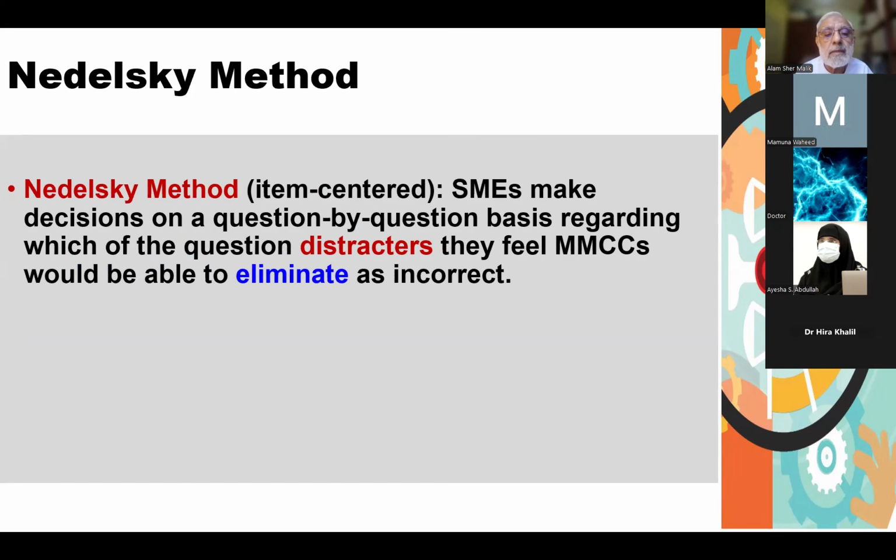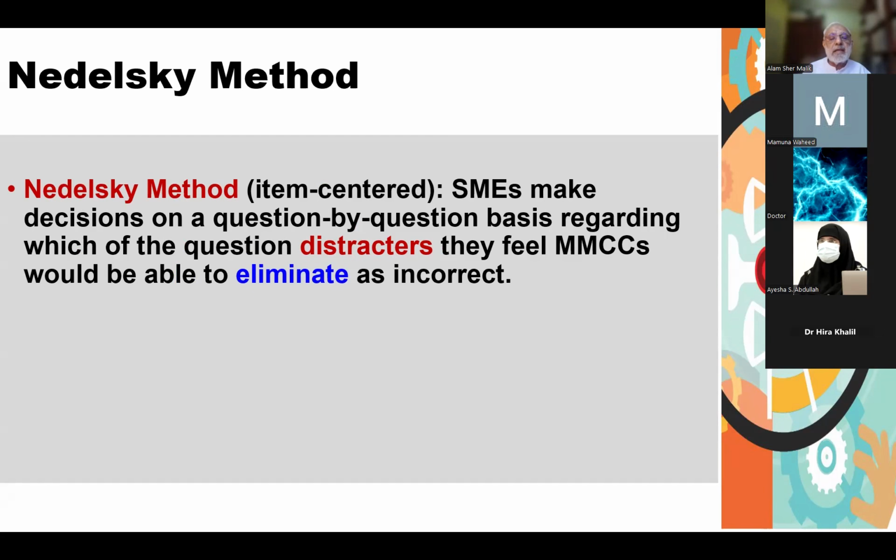Nedelsky's method, which is item centered, the subject matter experts make decisions on a question by question basis regarding which of the question distractors they feel minimally competent candidates would be able to eliminate as incorrect.